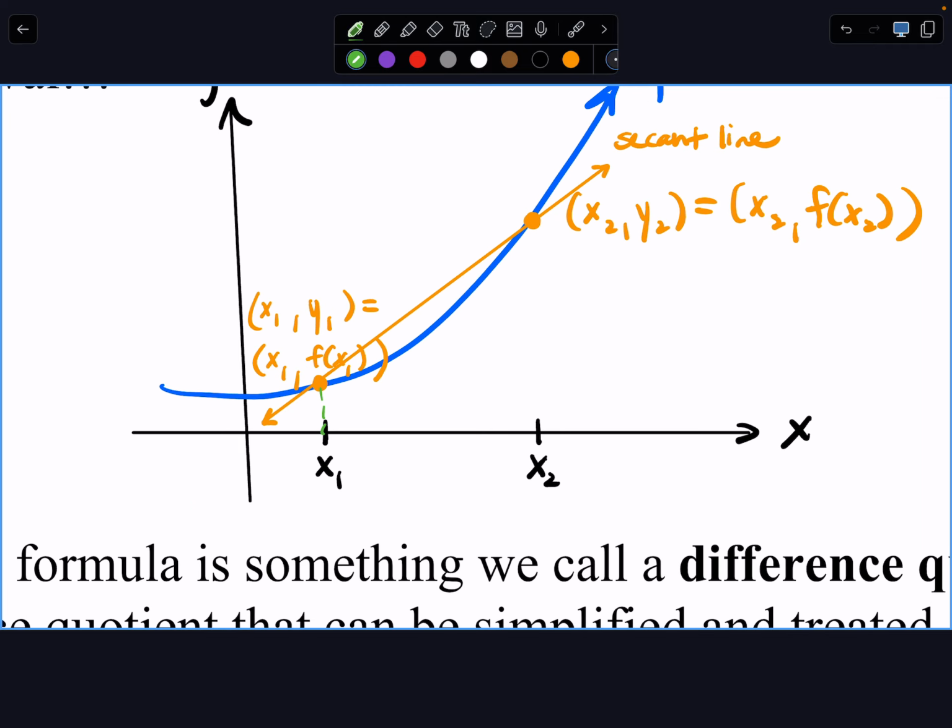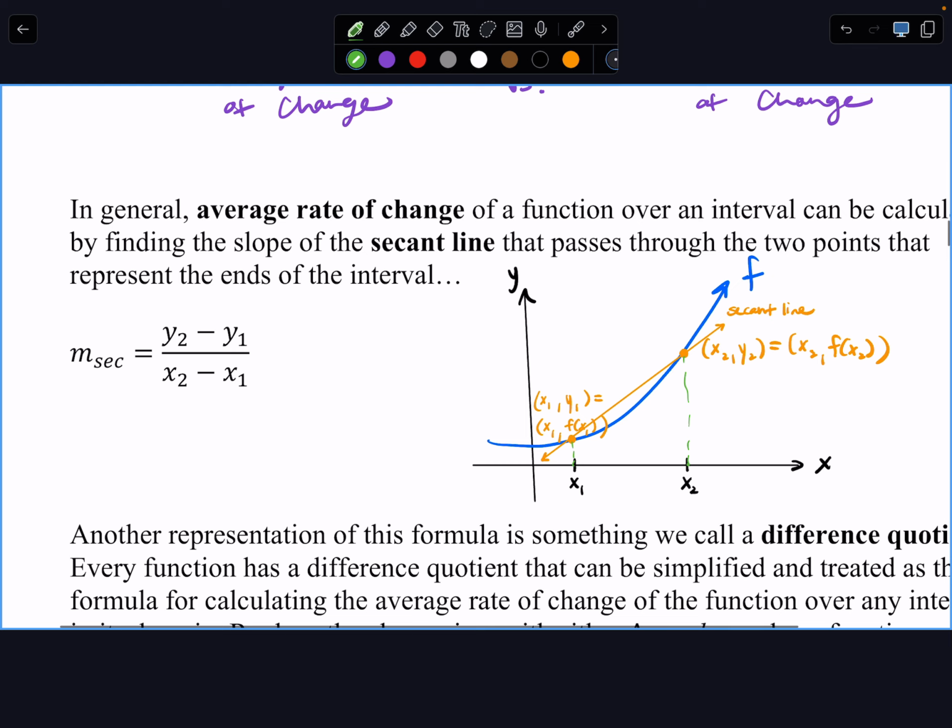On this interval from x sub 1 to x sub 2, the value of the slope would be the average rate of change for the function f over the interval from x sub 1 to x sub 2.